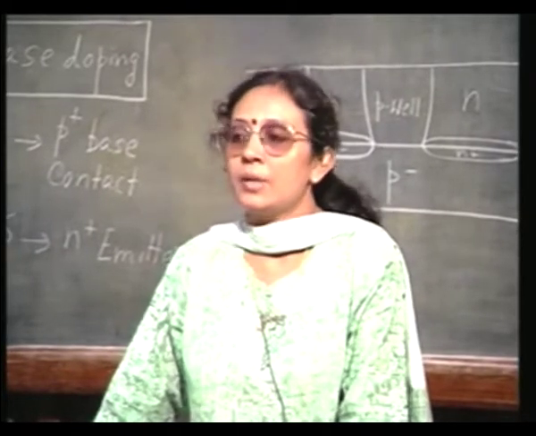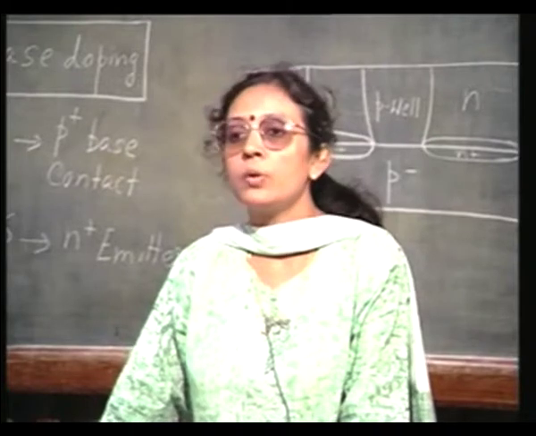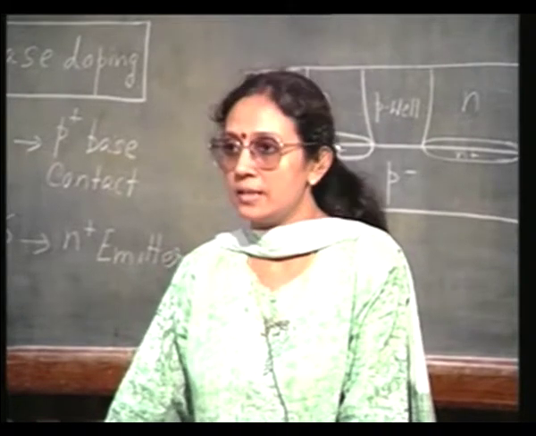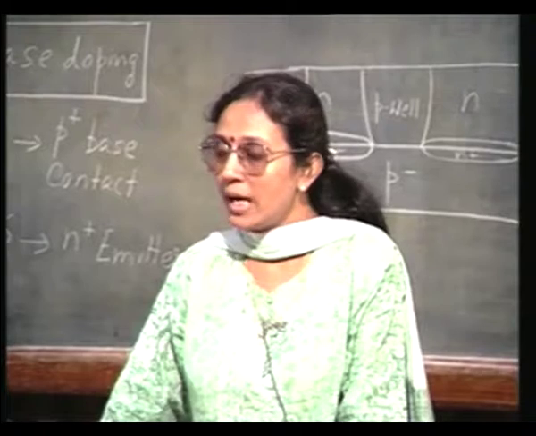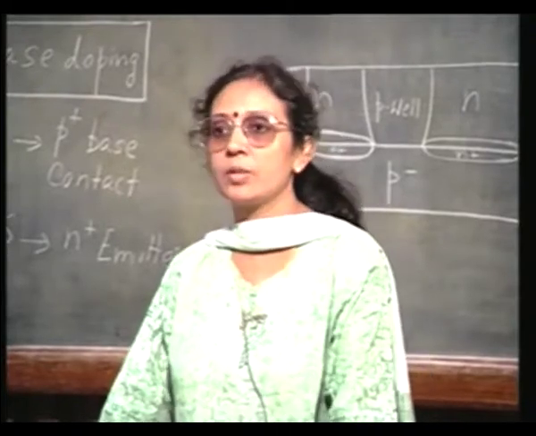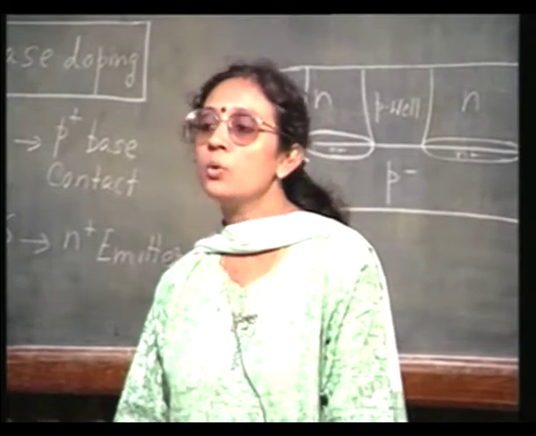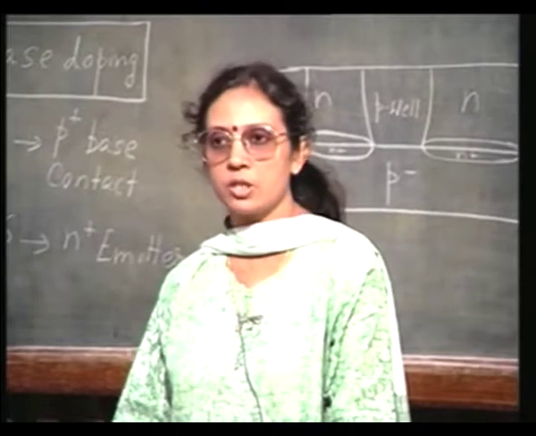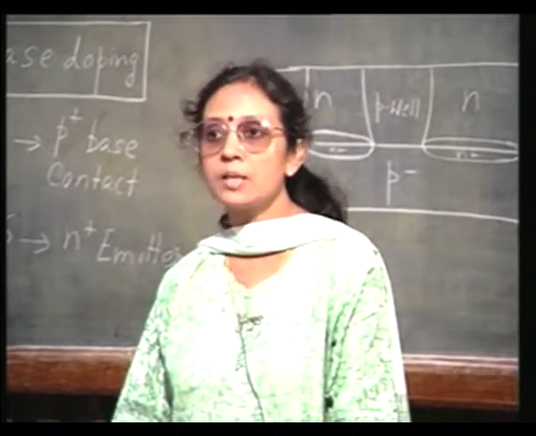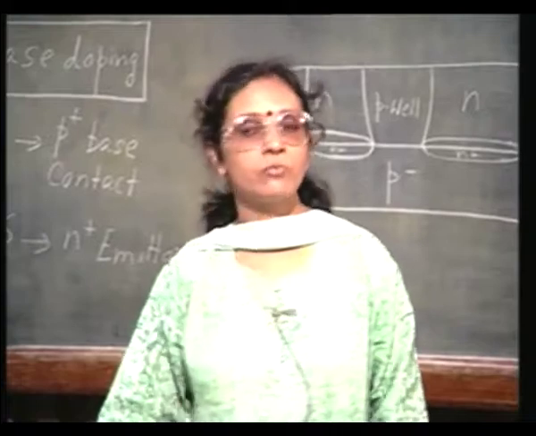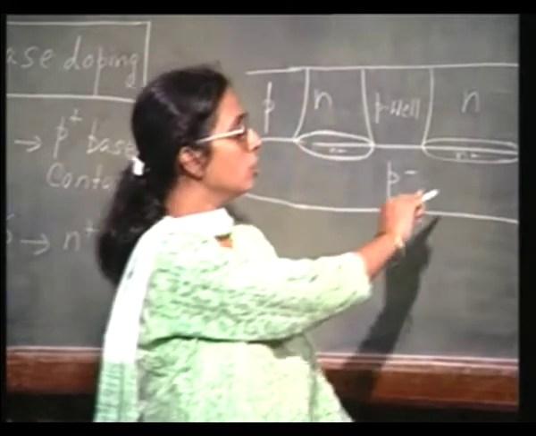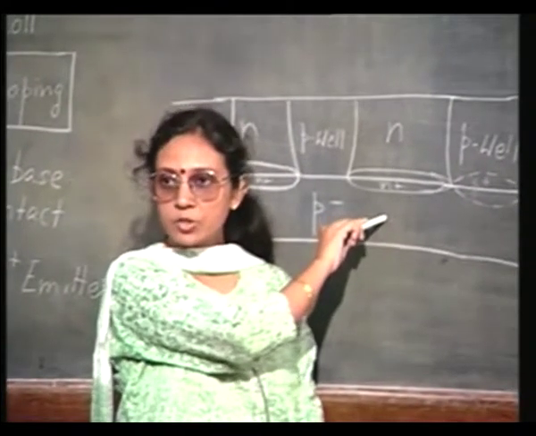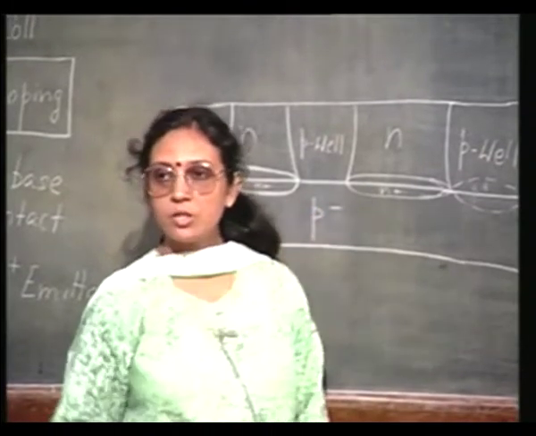Okay. But now what we want to do is achieve greater packing density. We have enhanced the performance of the bipolar junction transistor, we now want to put in more bipolar junction transistors. We want to increase the packing density, and in that we found the bottleneck is the low doping of the underlying substrate, because there is a possibility of punch through.